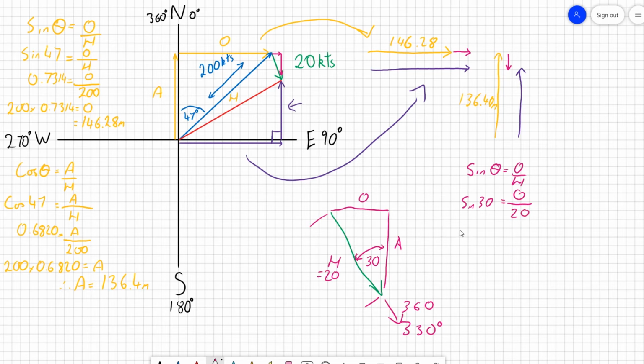So 20 by sine 30 equals the opposite. If I go to my trusty trig tables, that leaves me with 20 times 0.5, which is the value for sine 30, equals the opposite. Therefore, the opposite is going to equal 10 knots.